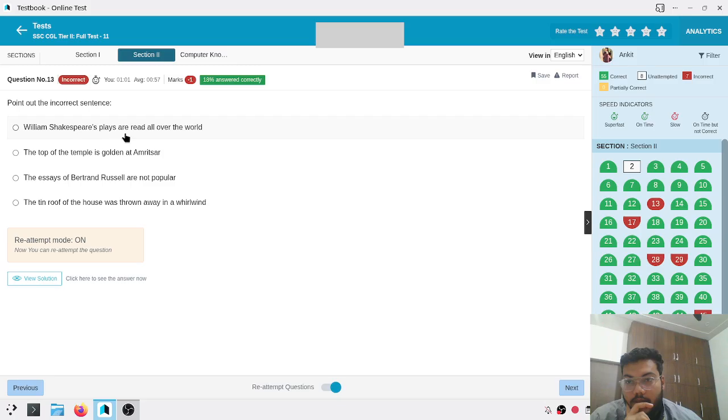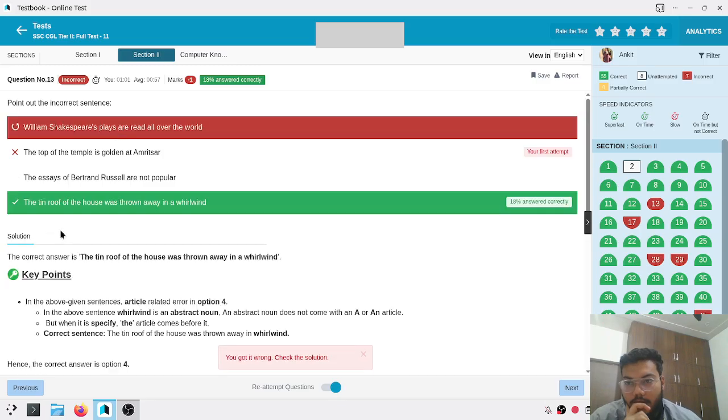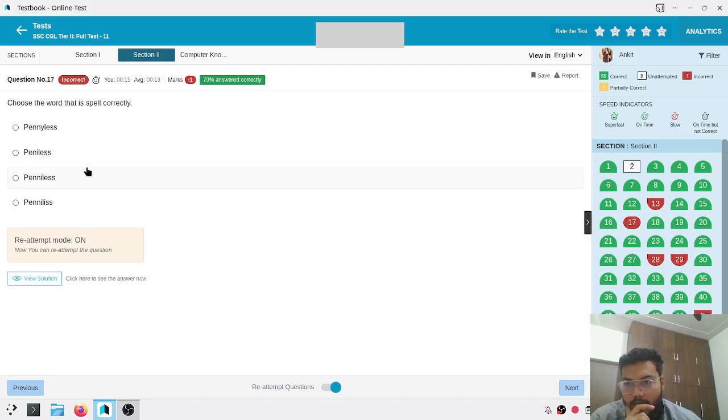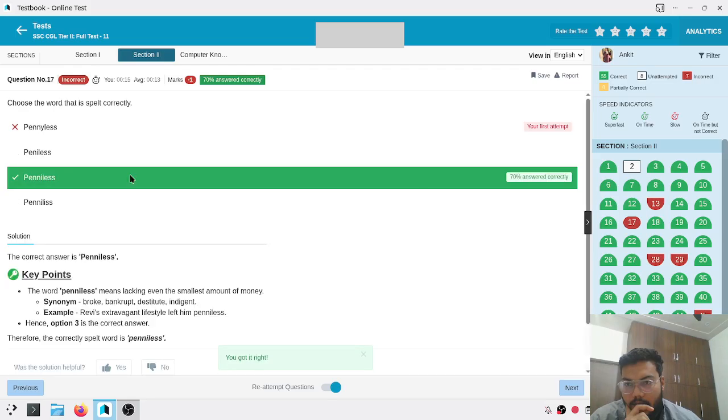William Shakespeare's plays the tenor from the thrown away in a world. Endless levy.